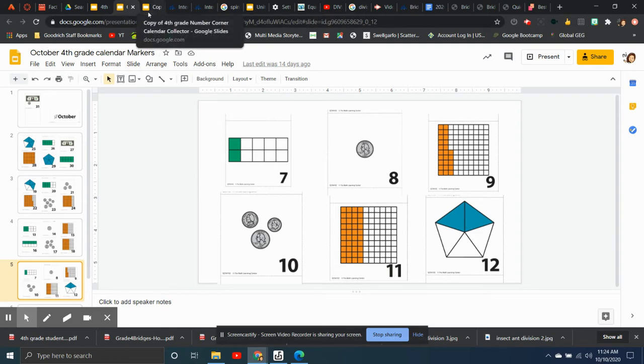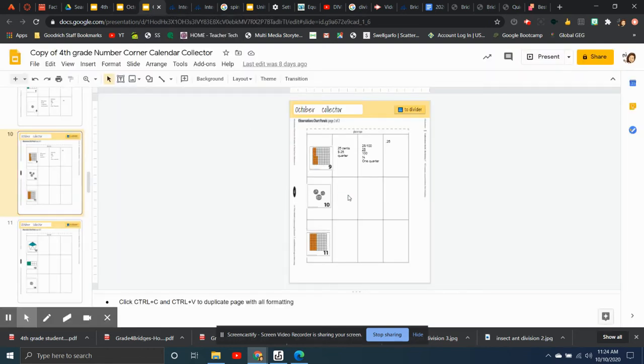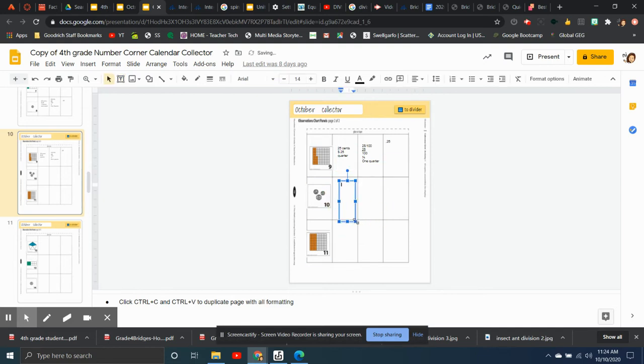So, on our calendar collector, this would be 40 cents. Oops, got a little crazy there. So this is 40 cents. Make it bigger. All right, 40 cents.